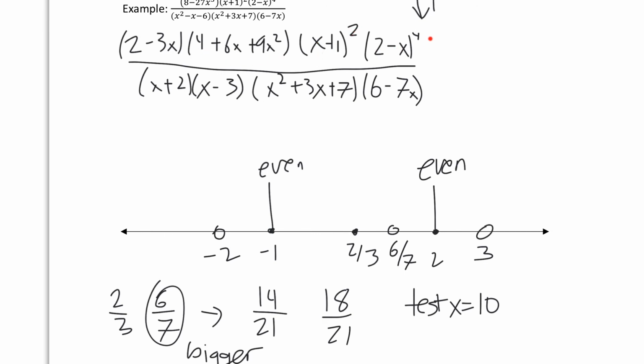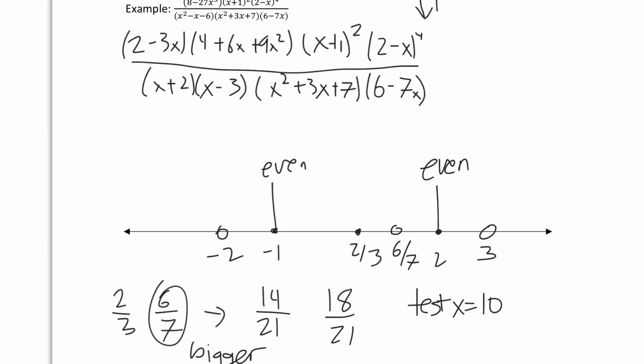This starts out being negative, but the power of 4 makes it positive. So in the top, I've got negative, negative, positive, positive, positive. On the bottom here, this is going to be positive, positive, positive, and negative.